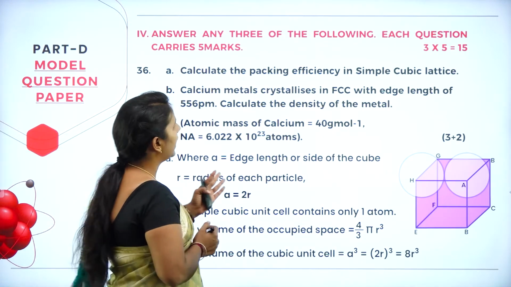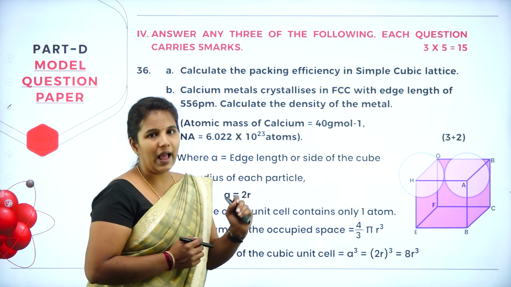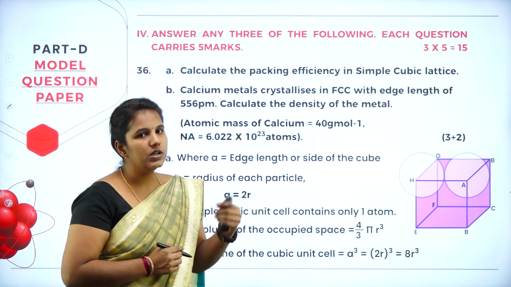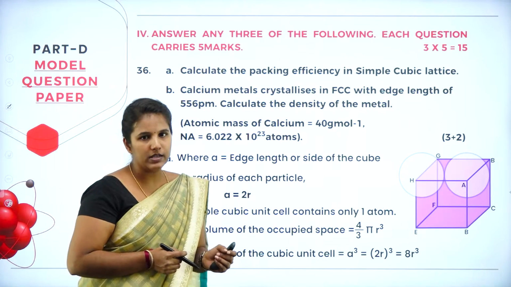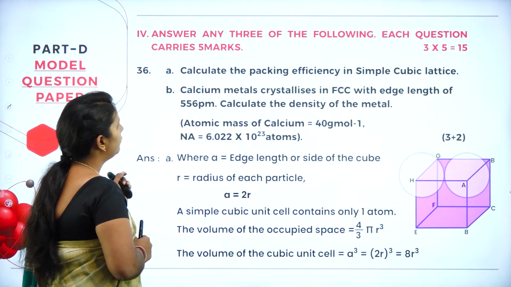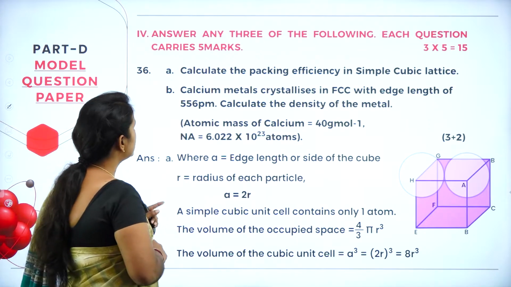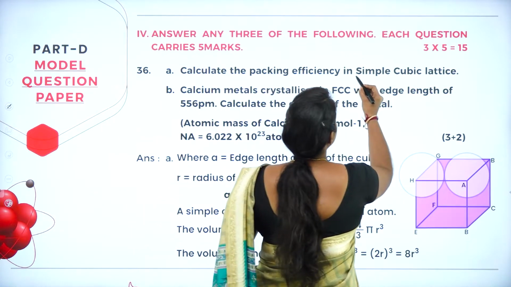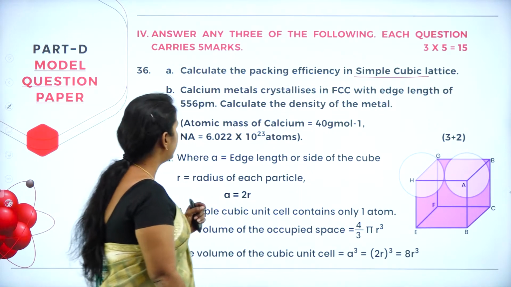In the 4th main, you need to answer any 3. Each question will carry 5 marks, so totally you will get 15 marks from this part. The first question goes like this: Calculate the packing efficiency in simple cubic lattice.